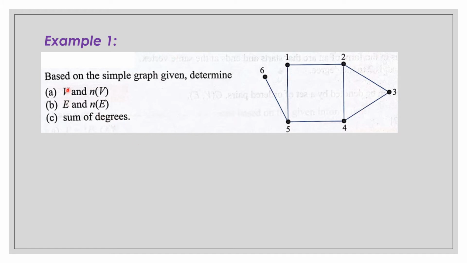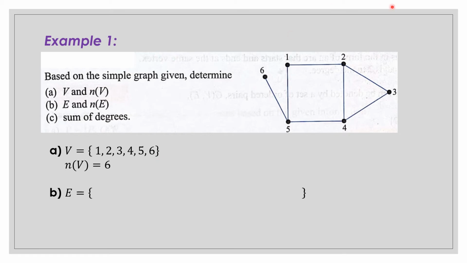We look at the first one, V. V is a set of vertices. From here you can see that you have 6 dots labeled 1 to 6. So you can write the set as {1, 2, 3, 4, 5, 6}, and the number of vertices is 6.